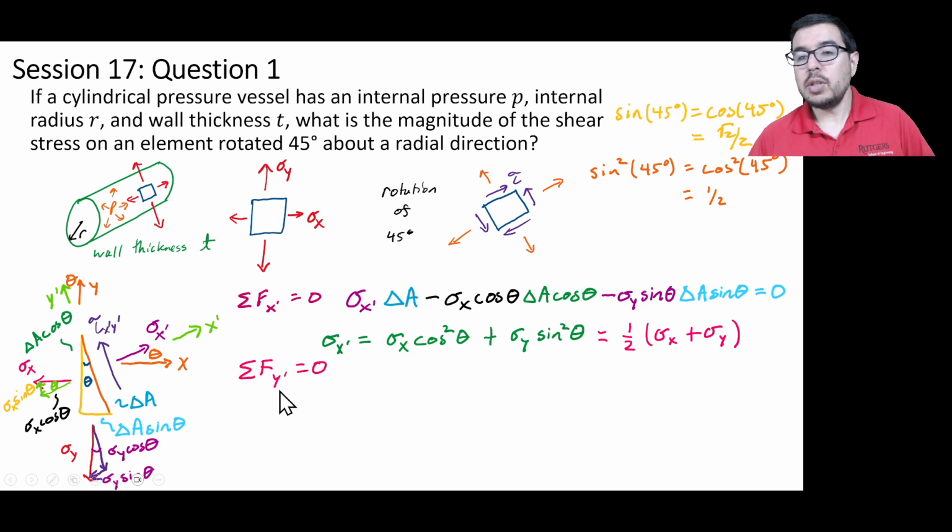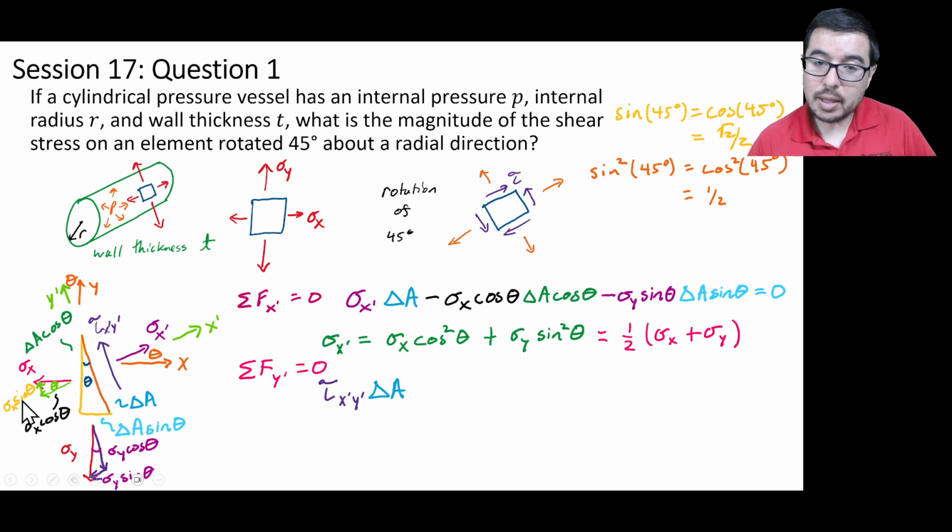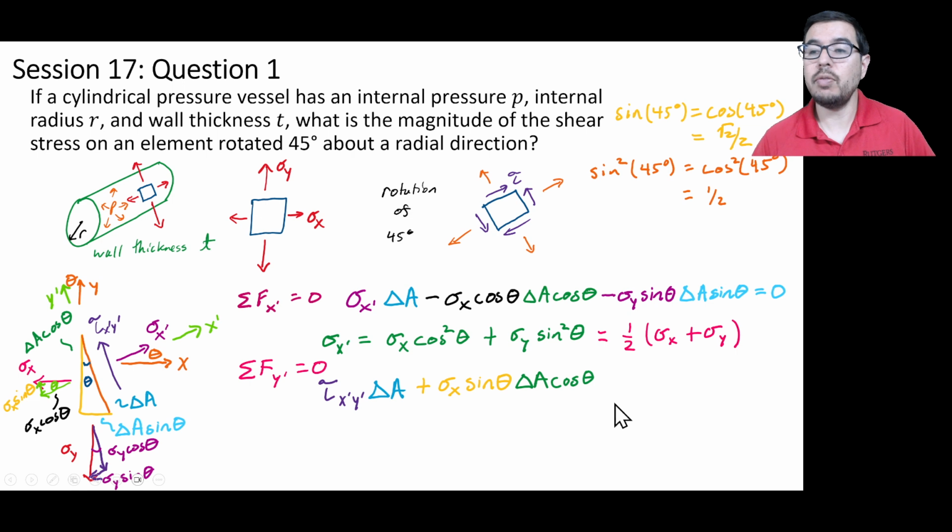For the forces in the y prime direction, we're now trying to figure out what tau x prime y prime will be. We can say that tau x prime y prime is acting on the delta A face and can be written as such. We have a sigma x sine theta also parallel to y prime acting on the delta A cosine theta face. So we have plus sigma x because it's acting in the same direction, so positive, positive on the delta A cosine theta face.